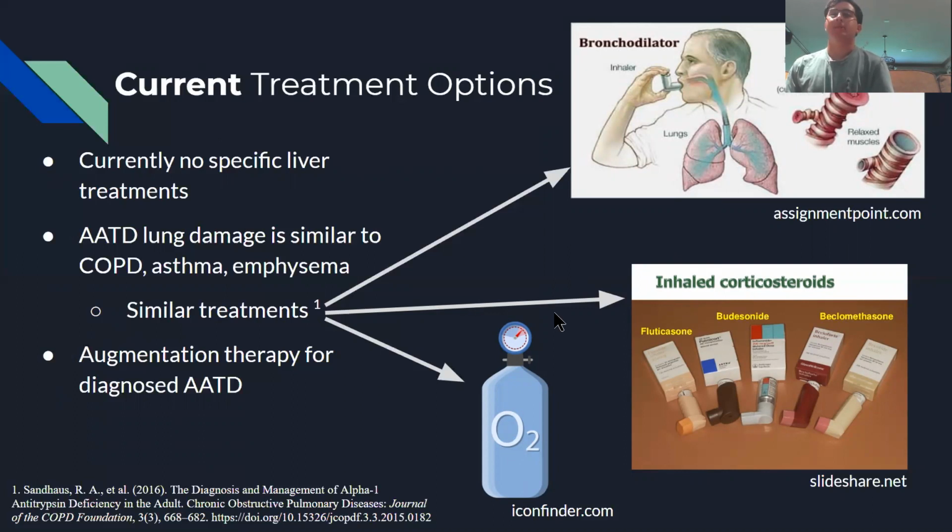And so sometimes patients just need to be having oxygen throughout the day to help increase their oxygen saturation within their body. As well as we do have augmentation therapy, as previously mentioned, for those individuals that are diagnosed with AATD, which I'll talk about here in a second.